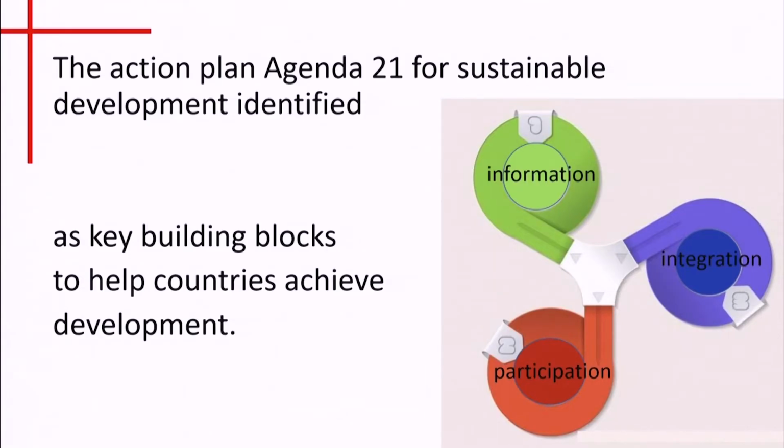The Action Plan Agenda 21 for Sustainable Development identified information, integration and participation as the key building blocks to help countries achieve development. Furthermore, Agenda 21 emphasizes that broad public participation in decision making is a fundamental prerequisite for achieving sustainable development.